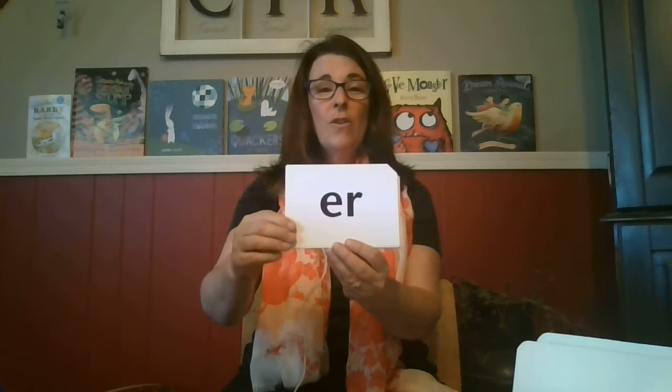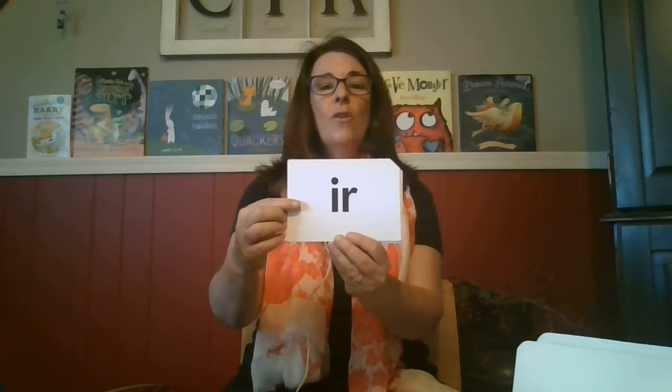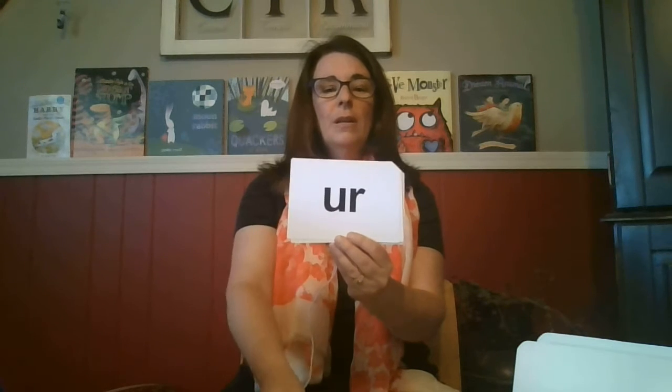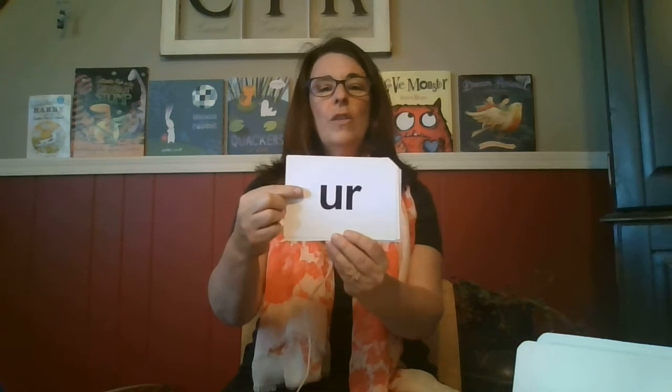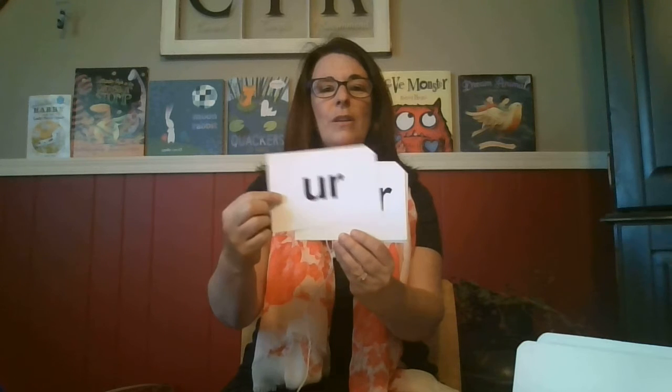That one's the er of her. The er of first. The er of nurse. The er of works. The er of early. Okay, wait a minute. All of those had the same sound, didn't they?